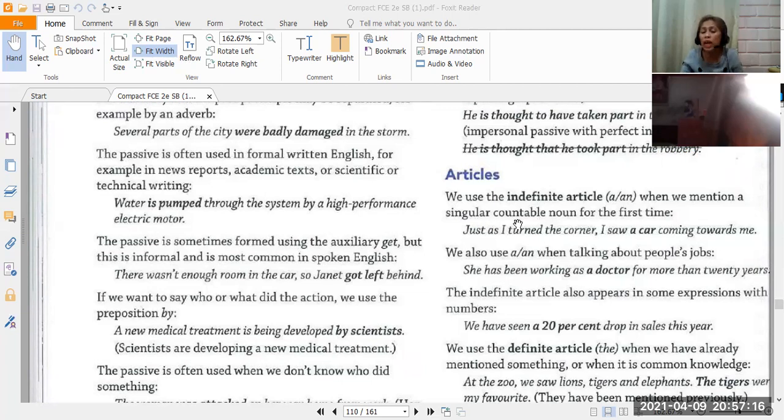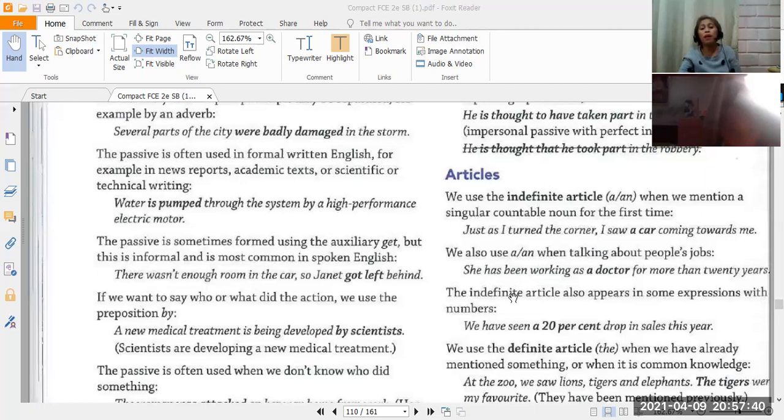Okay, so just as I turned the corner, I saw a car. Okay, we use a here because car is a countable noun. We can count it. Okay? She has been working as a doctor. A doctor. A is used because doctor is a countable noun again, it can be counted.